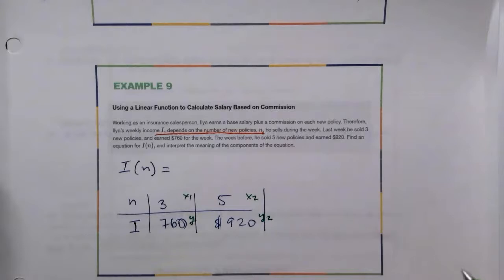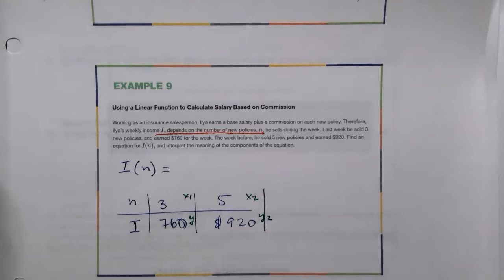So we have 2 points. Basically, whenever they give you 2 snapshots in a certain period of time, that's when you know you're going to be dealing with this type of problem where they give you two ordered pairs, x and y.